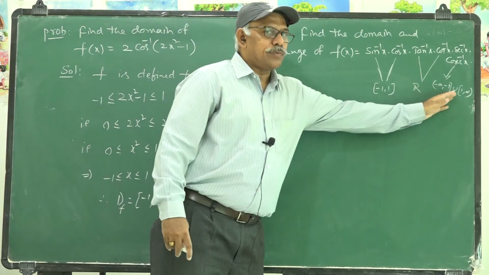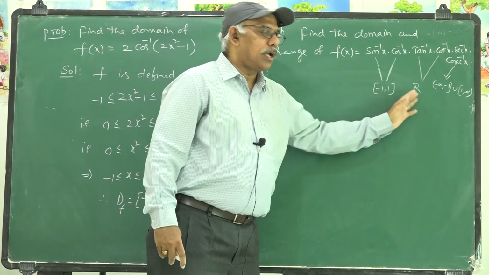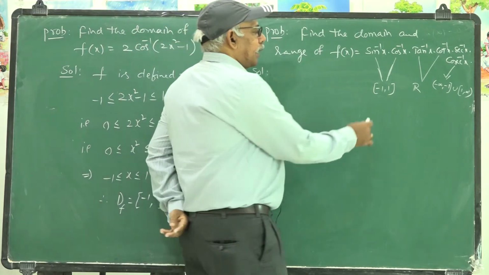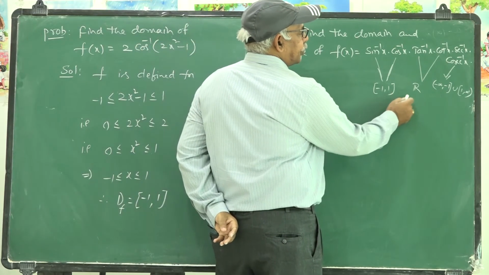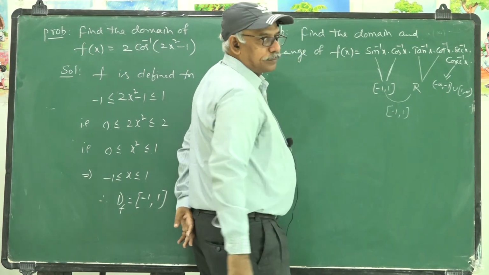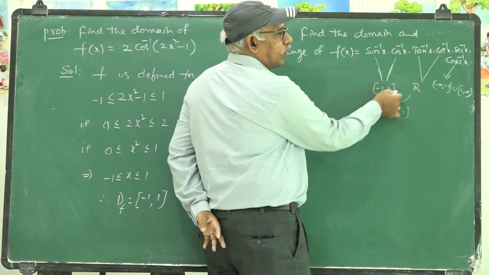So, one should consider the common values among all these domains. The common means the intersection. The intersection of these two is minus 1 and 1 itself, because this is clearly a subset of R, set of reals.